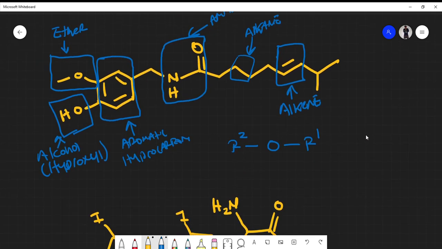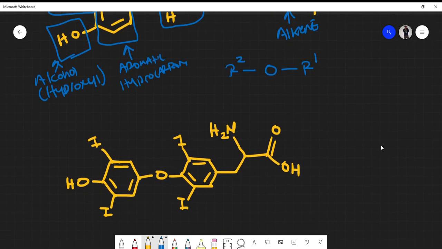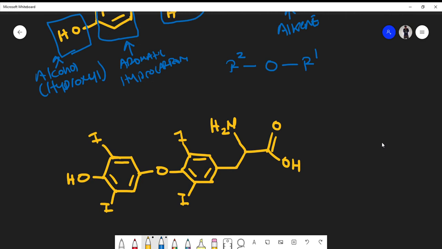All right. We're going to move down to this structure. This is actually T4. This is thyroxine. T3 is the active form of your thyroid hormones. But again, T4 is the principal thyroid hormone. Identify as many functional groups as possible. Okay?